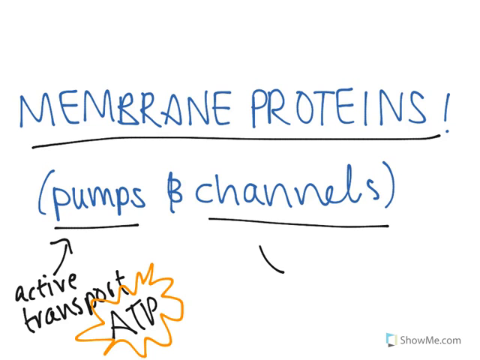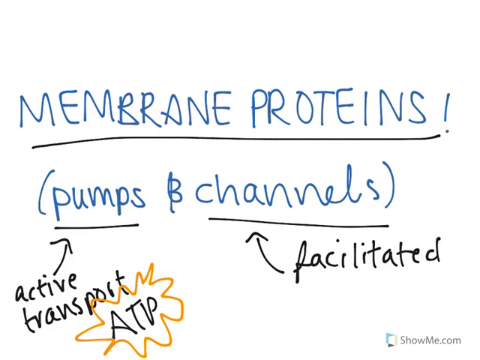On the contrary, channels are still using passive transport, but it's facilitated. So in this case, no ATP is needed, but the membrane proteins still play a large role in letting in and out the molecules or whatever materials the cell needs or needs to get rid of.